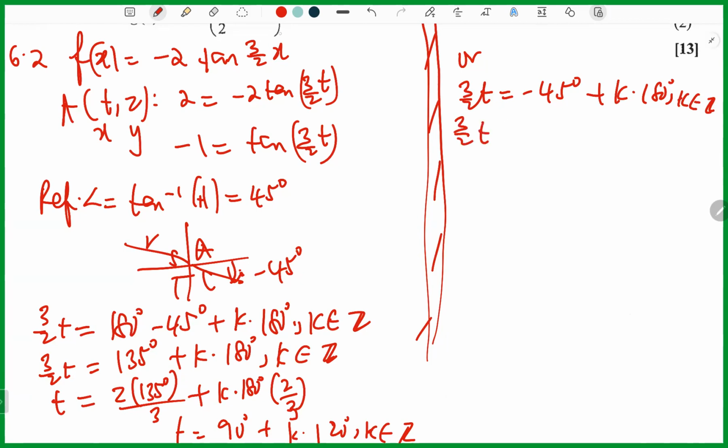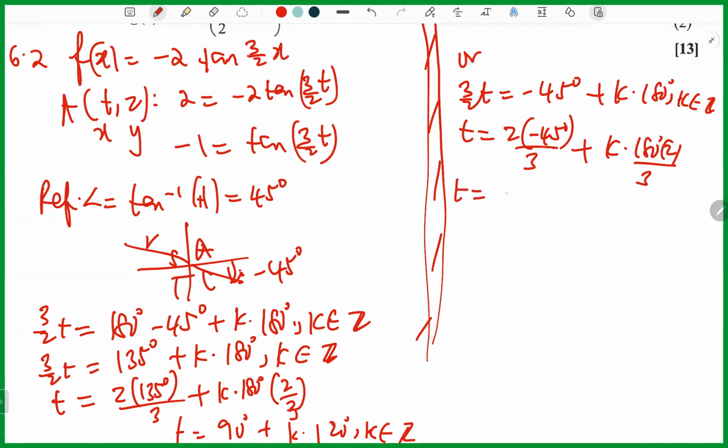All right, so I can remove this one. So t equals, you multiply by 2, so 2 times minus 45, you divide by 3. For k times 180, the 2 is at the bottom, so you multiply by 2 and divide by 3.